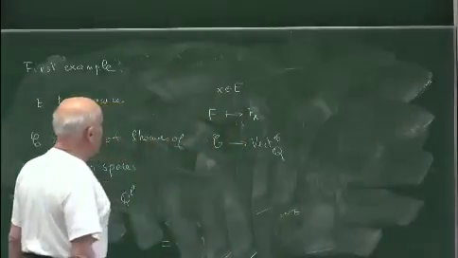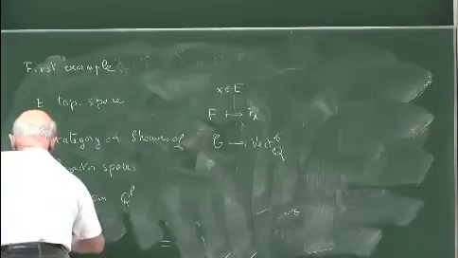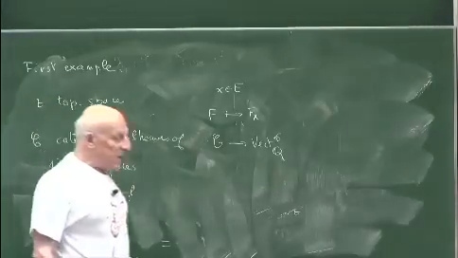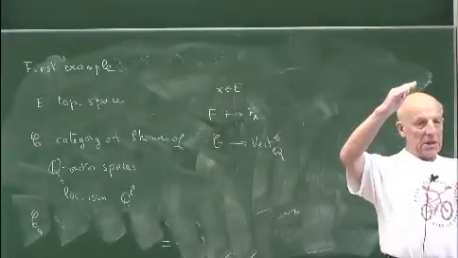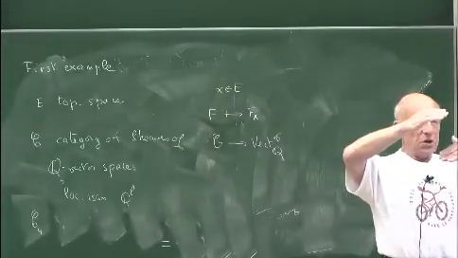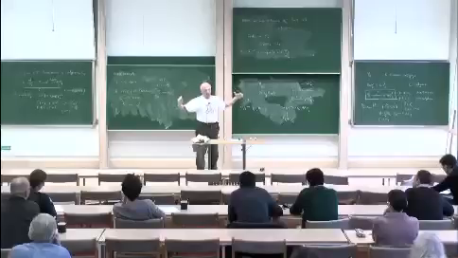Now you restrict the category to what I call C unipotent, which are the objects which have a finite filtration, such that the quotients are trivial bundles, trivial sheaves.